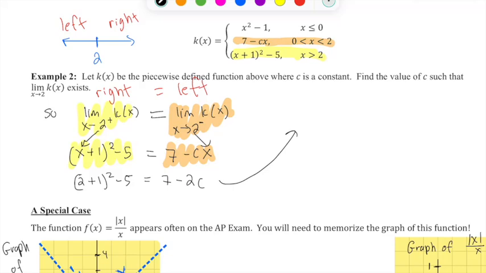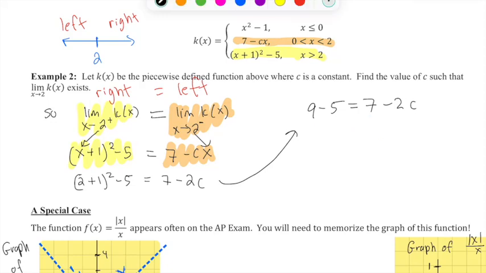Now let's go over here and do some algebra. 2 plus 1 is 3 squared, which is 9. We have 9 minus 5 equals 7 minus 2c. This equals 4. And then we're going to subtract 7 from each side.